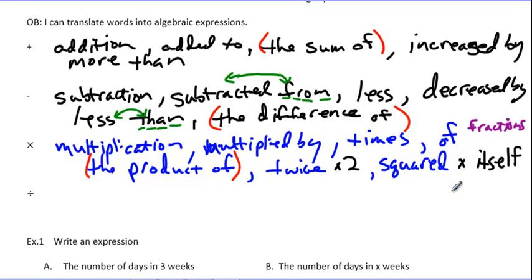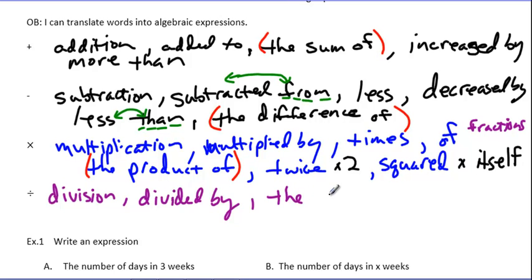And then the last term that we have here is division, and typically you'll see divided by. And that's really kind of it, besides for the main one, which is the quotient of.